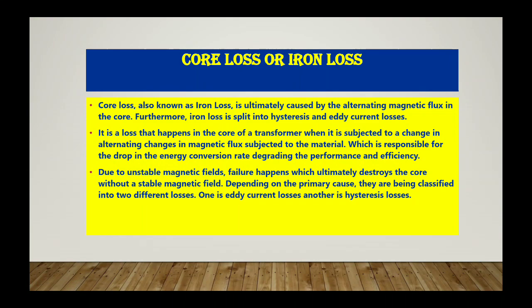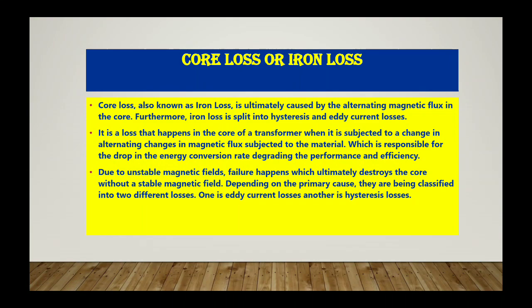It is a loss that happens in the core of a transformer when it is subjected to an alternating change in magnetic flux, which is responsible for the drop in the energy conversion rate, degrading the performance and efficiency. So if the iron loss is increased, then the efficiency of the transformer is reduced.